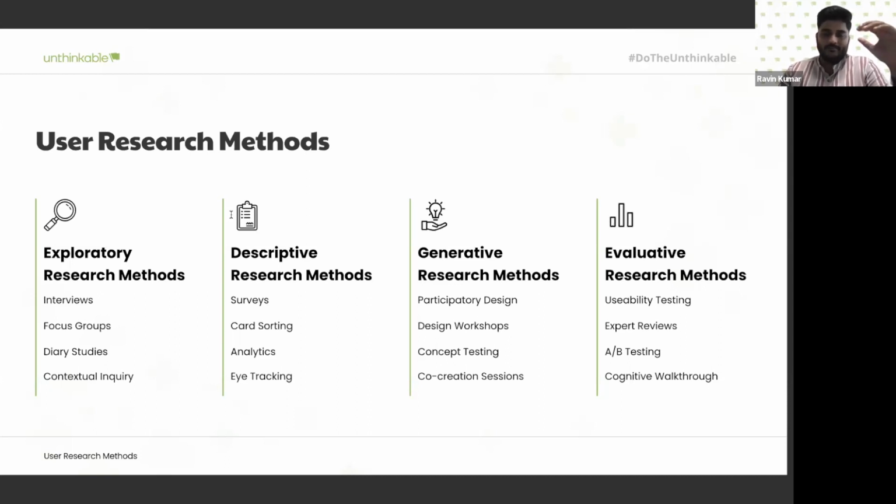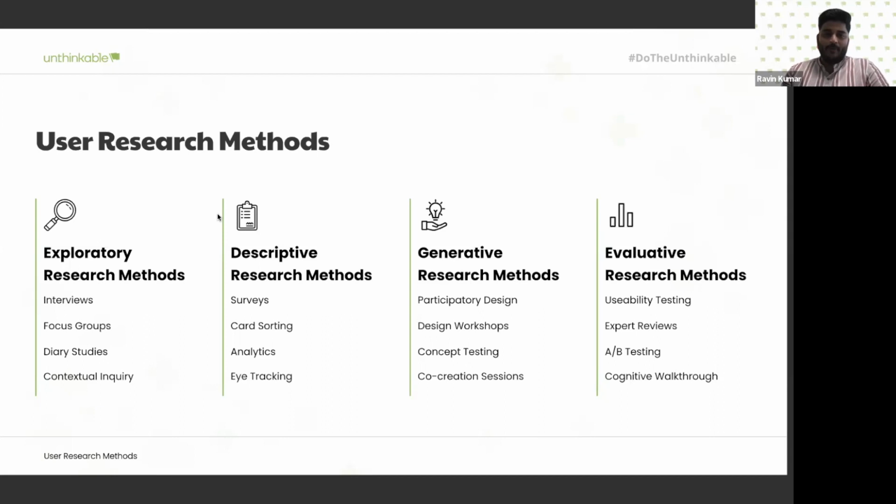These methods are used to gather insights and understand the main needs, motivations, and behavior of your users. They are particularly used in the very early stage of a project to help identify problems and opportunities. A few examples listed here are interviews, focus groups, diary studies, and contextual inquiries. These are pretty straightforward.